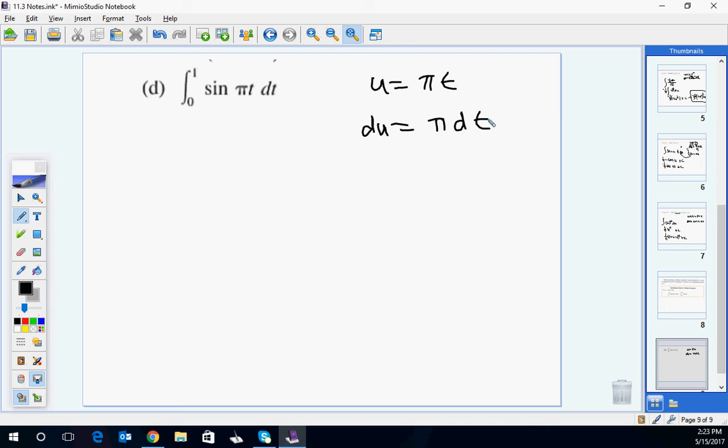So that means we have sine u, and then what do I need? I need a 1 over pi. Good. Because this has been replaced. All I have is a dt, but I need a pi dt, so we had to balance it with the 1 over pi again.